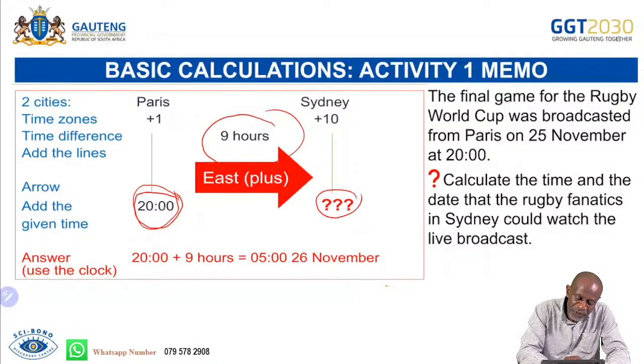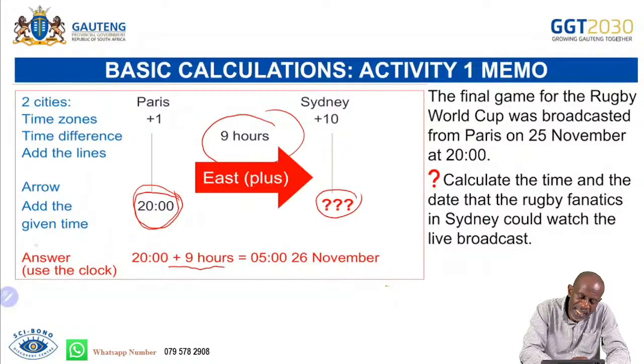So if we move 9 time zones from the 20 hours, which gives us +9 hours, you would arrive at 5:00 on the 26th of November.